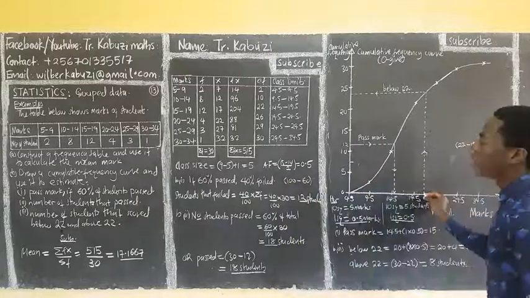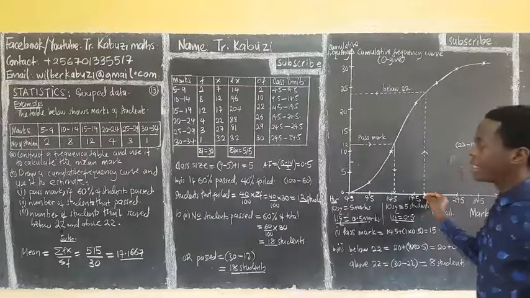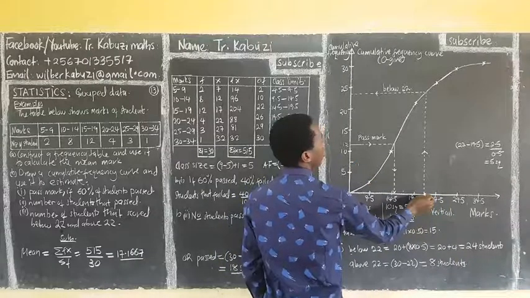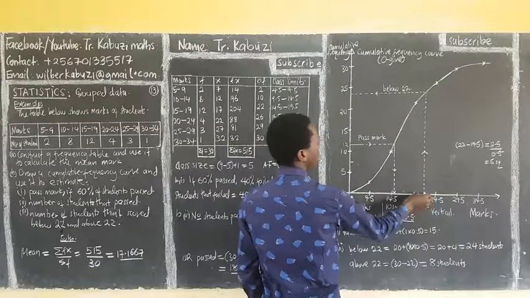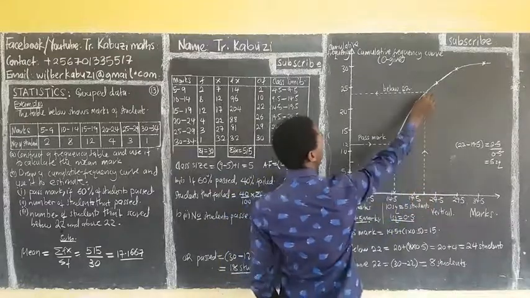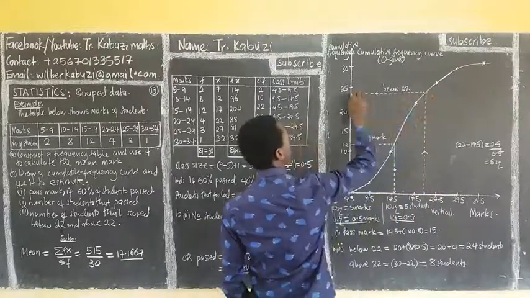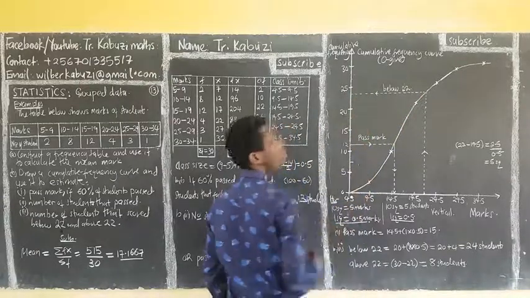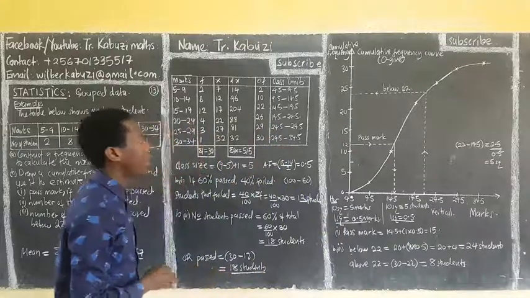Then from here, these are now marks. This is a score of 22. So you need to know how many students scored below. So scored below, this and below. So these are going to be from here up to this here, you come here. So now these students here scored below 22. So you come and read them.